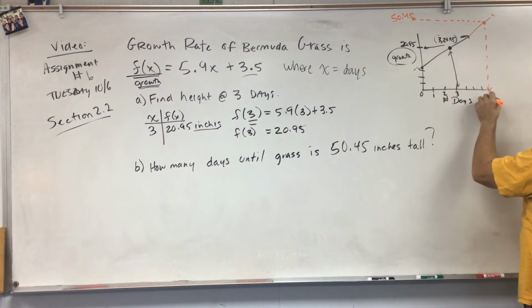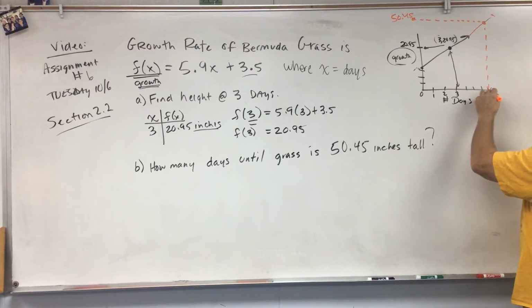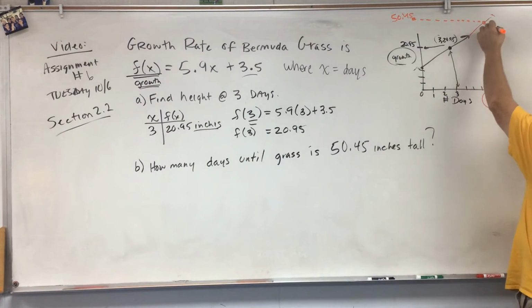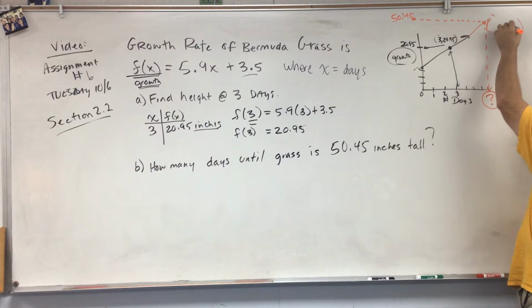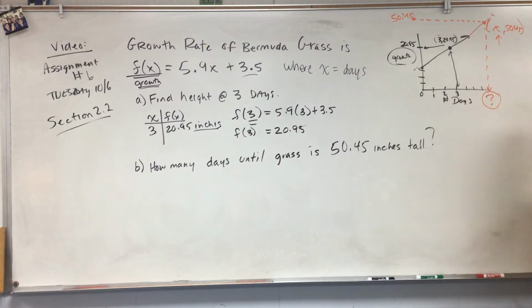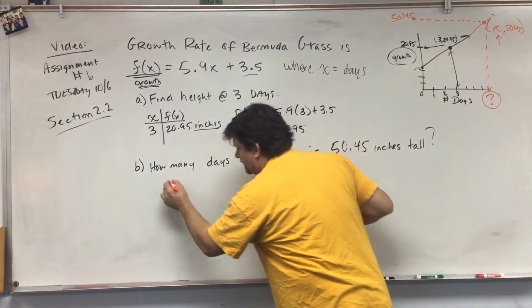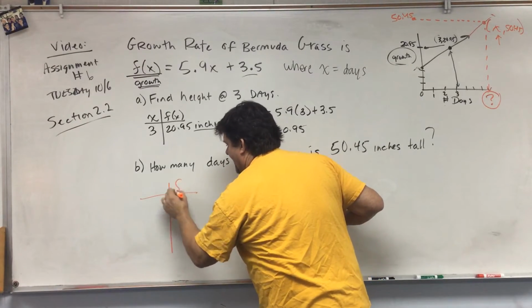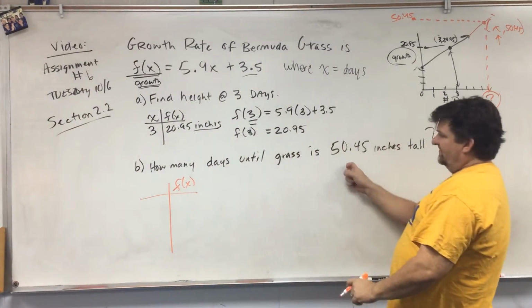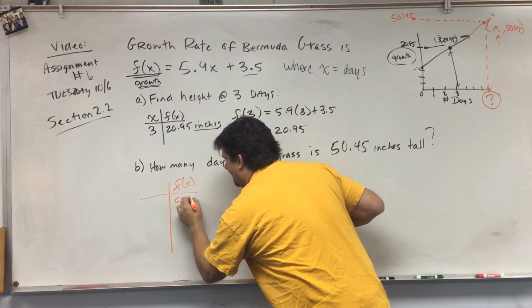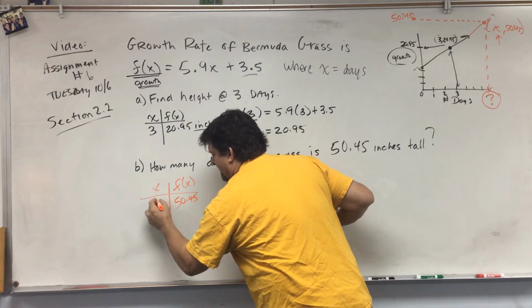So I've got the point 50.45. I just need to find what my x is. Well, this is my output. So if we look at it this way, my f of x is 50.45. I need to find my x.